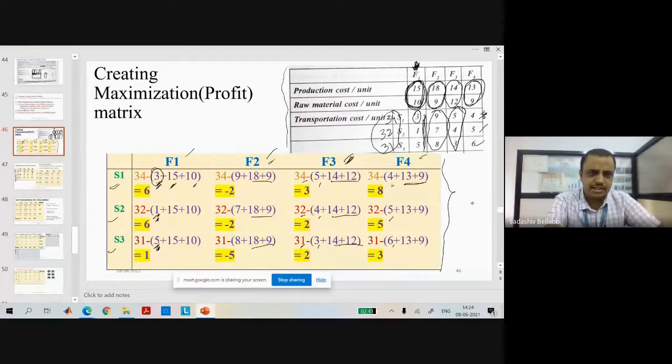So 15 and 10 is a fixed one. And for the second factory, 18 and 19 is a fixed production and raw material cost, whereas the transportation cost is different.